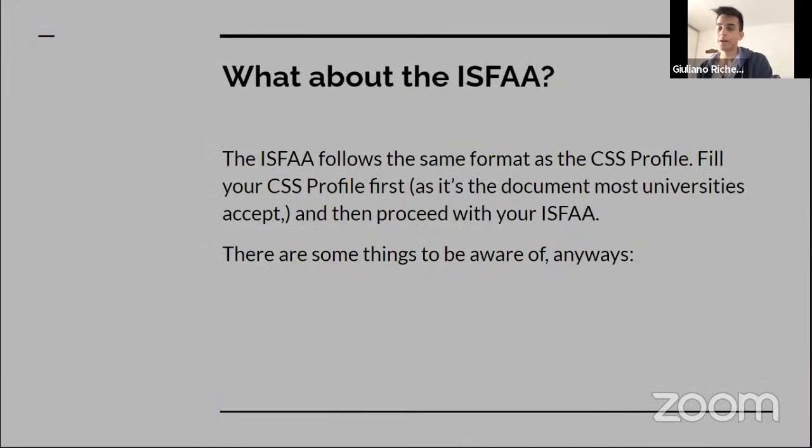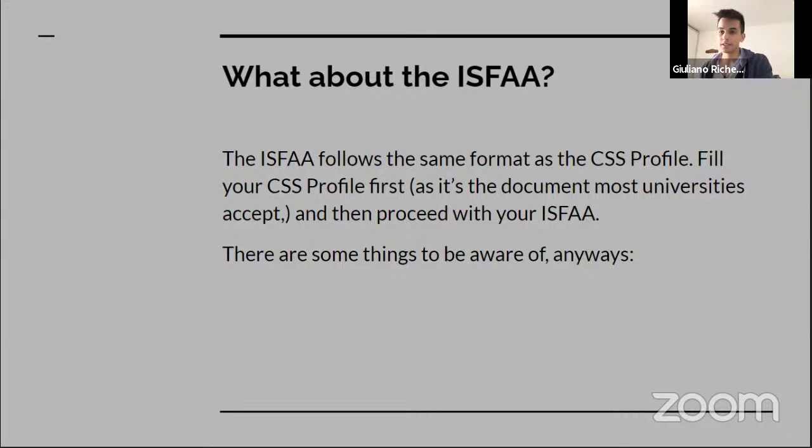So now the ISFAA. Now that we've been through the CSS profile, we still need to look at the ISFAA, but I think the ISFAA is pretty intuitive in the sense that it's the CSS profile on paper. So just complete your CSS profile first, file that, and then you go with your ISFAA.